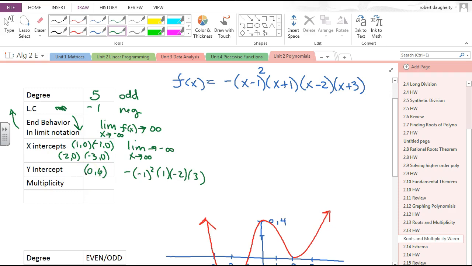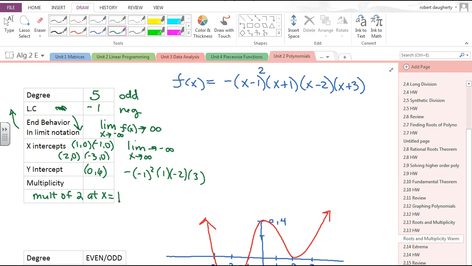Is there any multiplicity? Do any of those roots occur more than once? Yeah, there is a multiplicity of 2 at x equal 1.